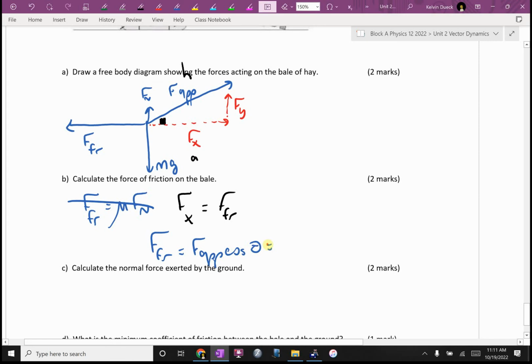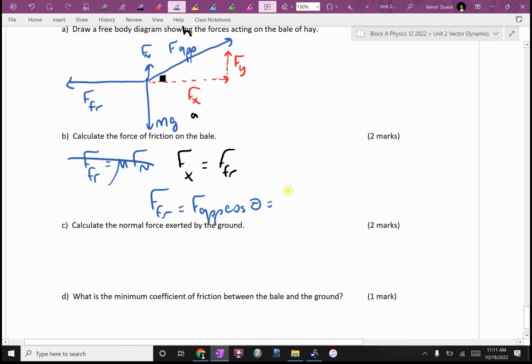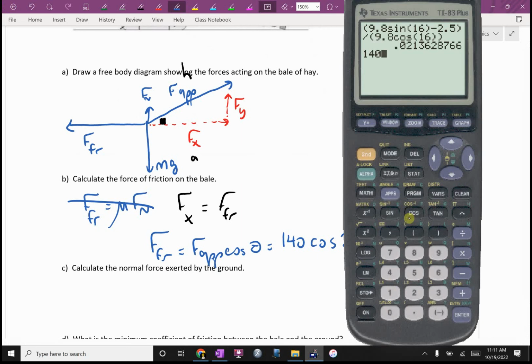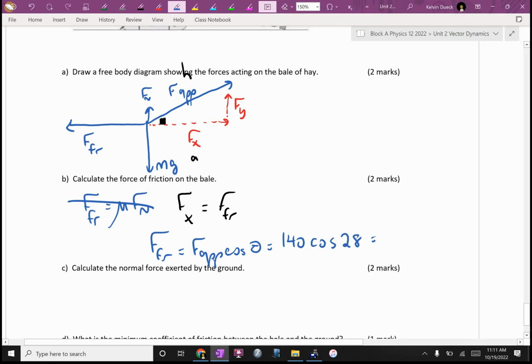How big was F applied? 140 cos 28. Friction is 123.6. I'm going to call it 124 newtons.